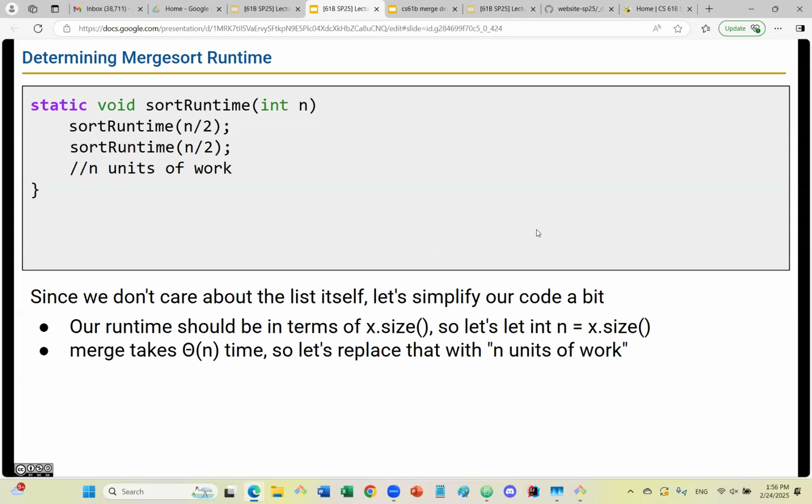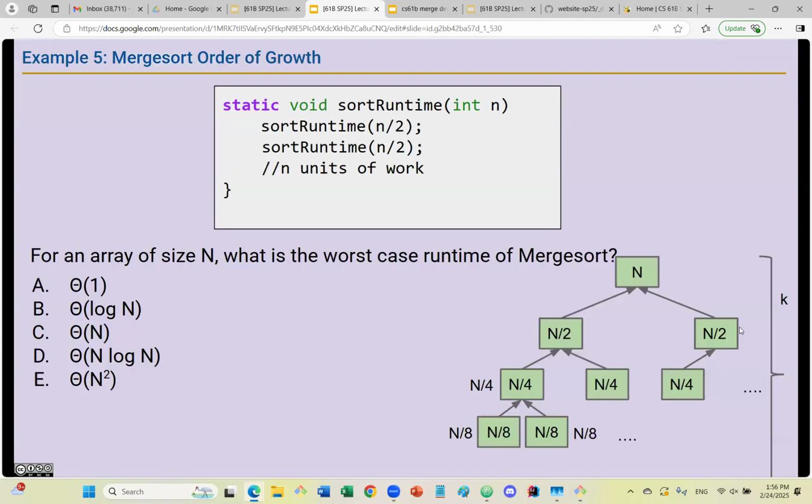The sort runtime is equal to: you sort the left half, and that takes sort of n over 2. The right half takes sort of n over 2. And then you do n units of work to do the full merge. What is this runtime? Here's what happens if we draw out the tree for this. Let's take a minute or so to discuss what you believe the runtime of this is.